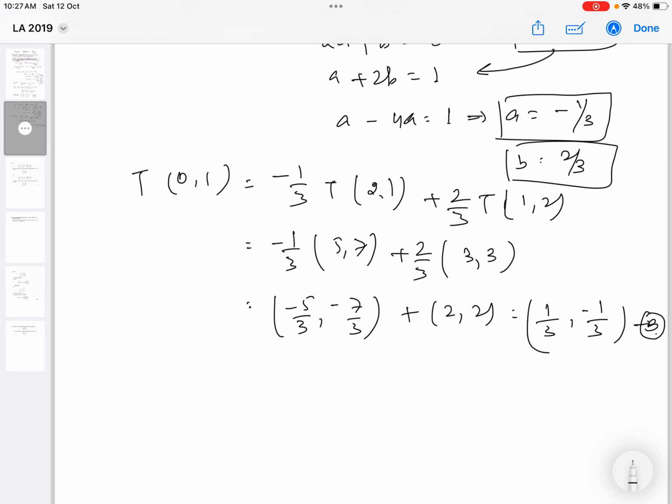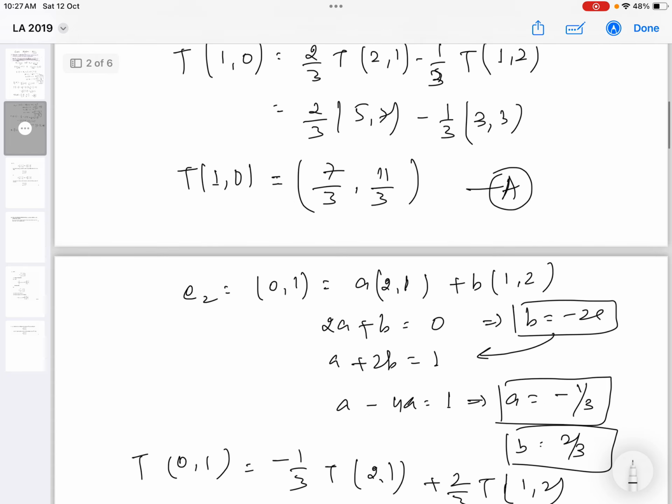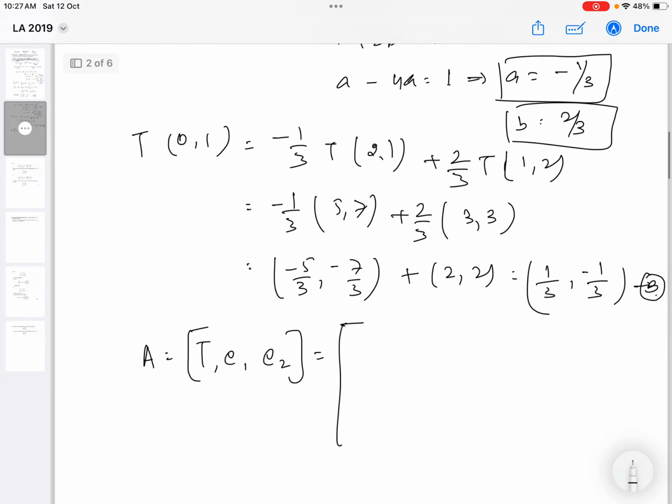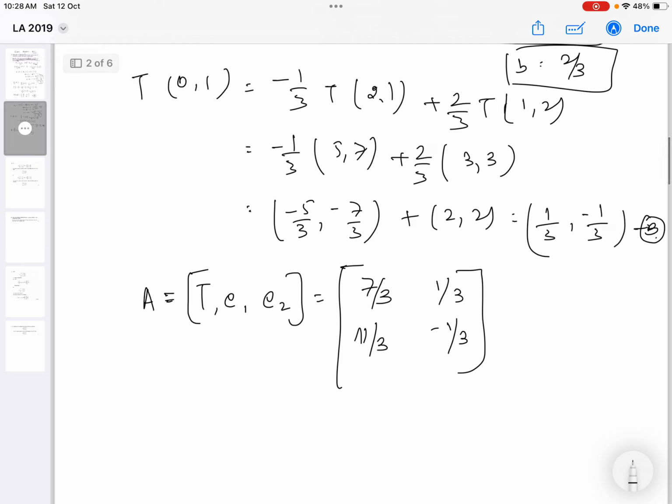Yes, so matrix A with respect to transformation on E1 and E2 is: we just need to substitute these values in vertical format, in column way. 7 by 3, 11 by 3, 1 by 3, minus 1 by 3. So this is the transformation with respect to basis E1 and basis E2.